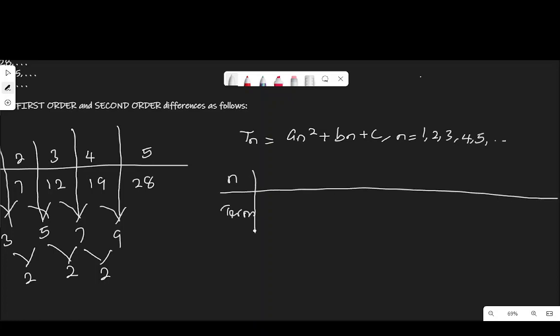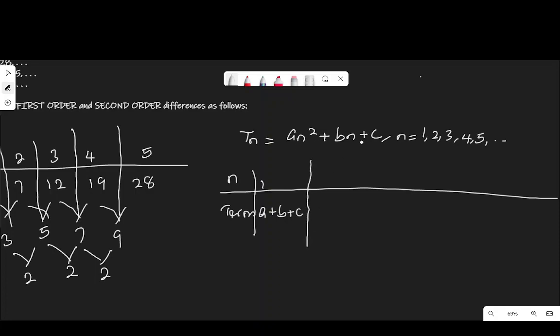When n is equal to 1, 1 squared is 1, 1 times a is a, 1 times b is b. So the term becomes a plus b plus c.